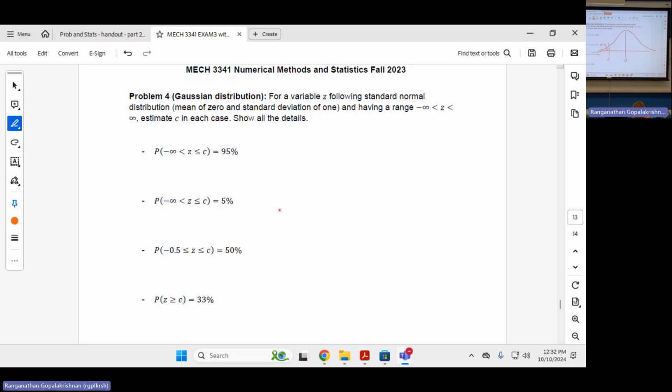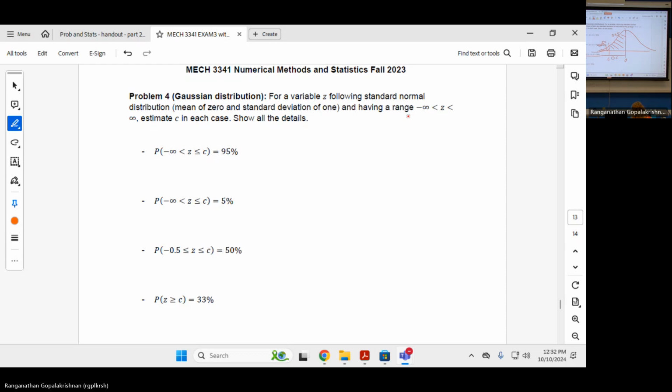But due to symmetry, you can write this portion here. If it is 5%, how much is this portion? This is 0.45, right? That is to the left of 0, the entire area is 0.5. So if this is 5%, then this area over here should be 45%.